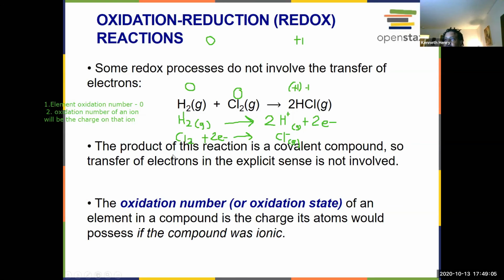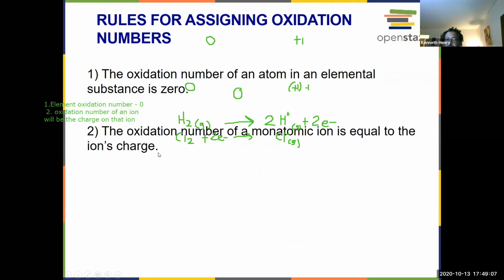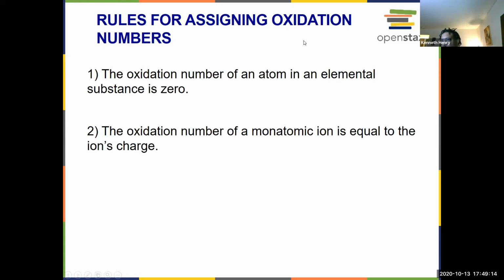Okay, let me rewrite these rules. You mind if I just write ox number?